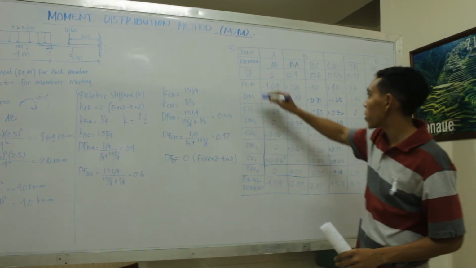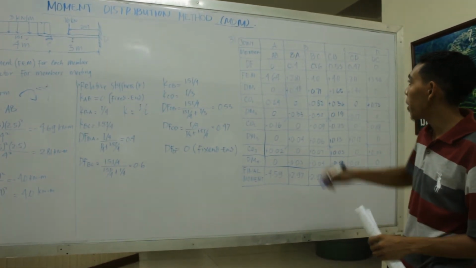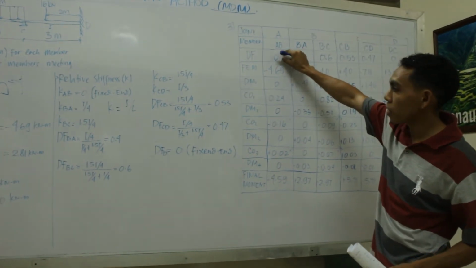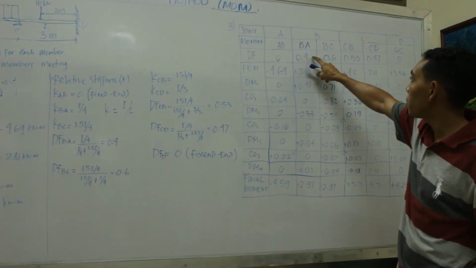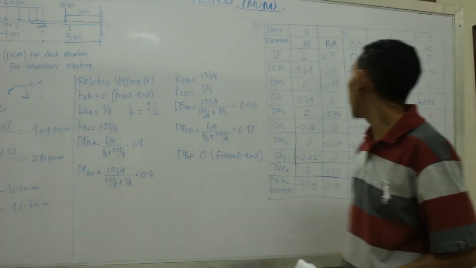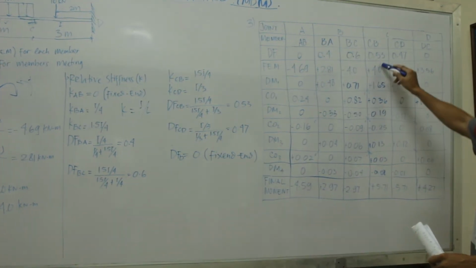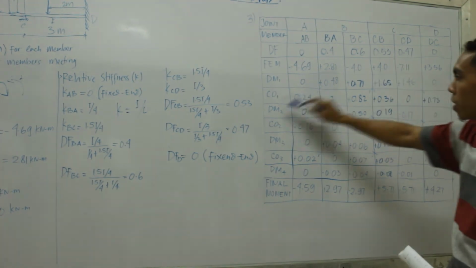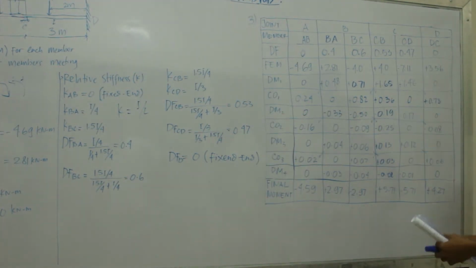So the distribution factor for member AB at joint A is equal to 0, since it is a fixed end, and for BA is equal to 0.4 as we have computed here, and for BC is 0.6, and 0.53 for CD and 0.47 for CD, and DC is equal to 0 because it's a fixed end.